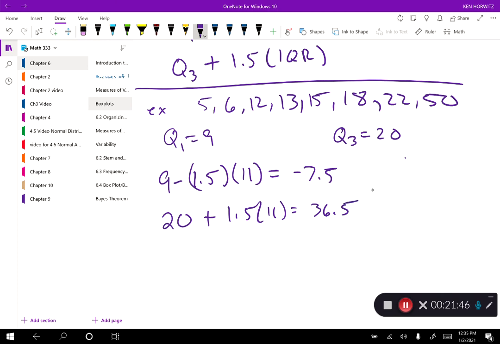So basically, when I'm looking to identify outliers for this particular problem, I'm looking for any value below negative 7.5 or higher than 36.5. I have one value that fits that definition. That is 50. So 50 is the outlier.